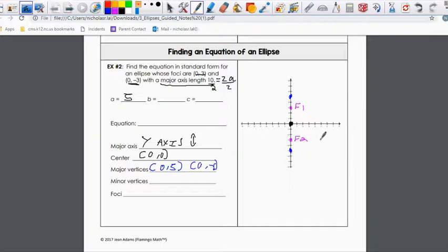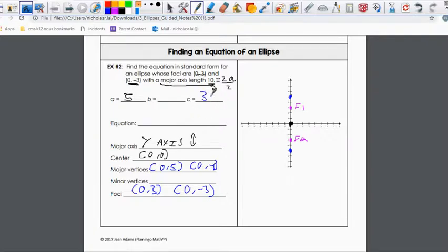Those are our vertices. Our foci are given to us at 0, 3 and 0, -3. Also, our c, the distance between the center and the focus, is 3, so c is equal to 3.